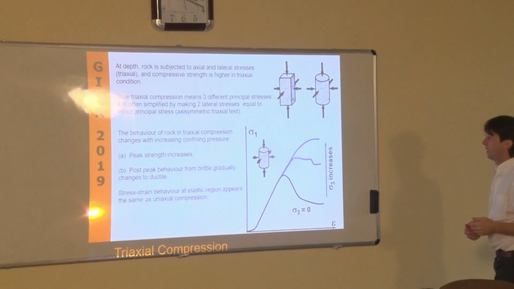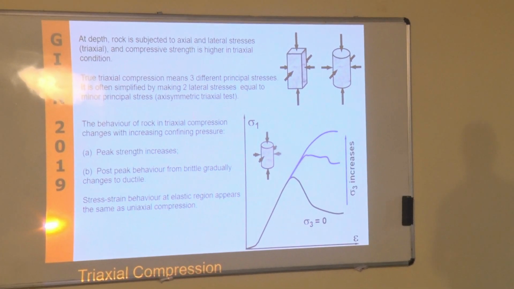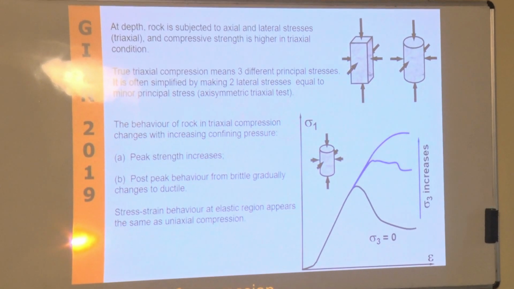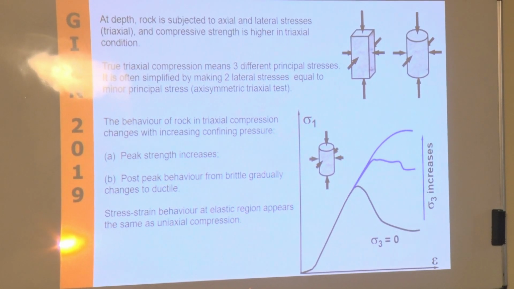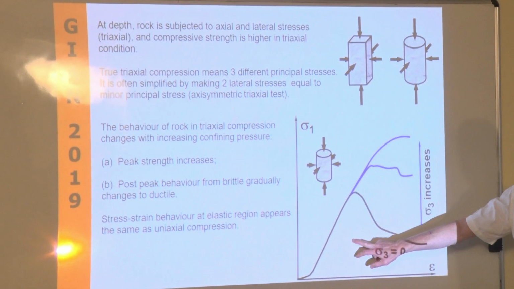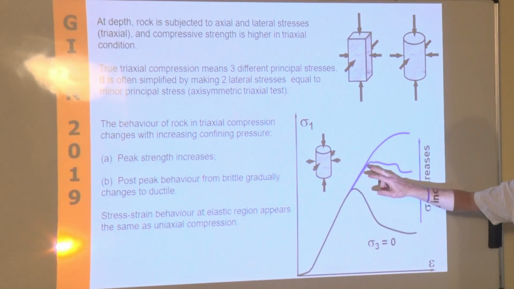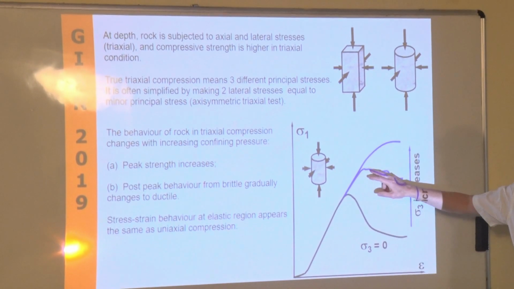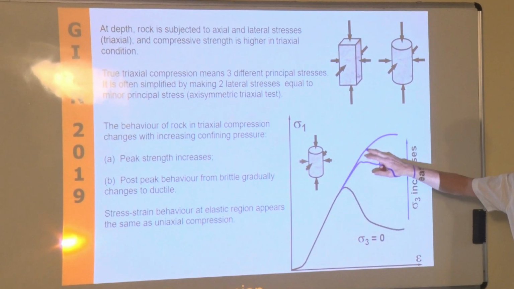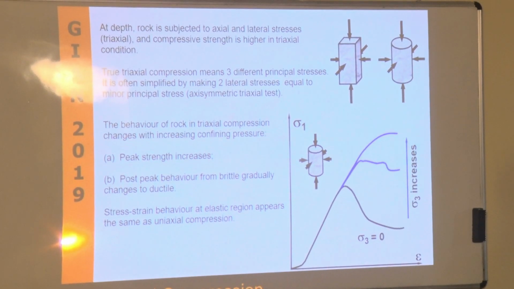Depending on the post-peak, you can really transition, as we were seeing before, from a brittle failure, so pretty much an abrupt loss in strength, to a sort of plastic, almost a hardening behavior.